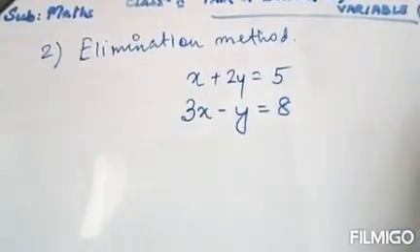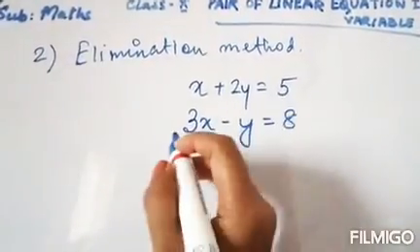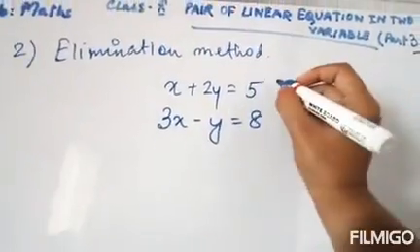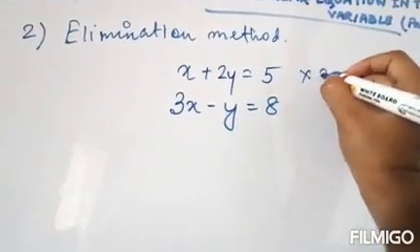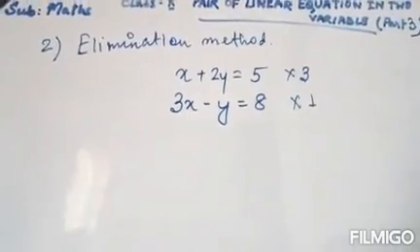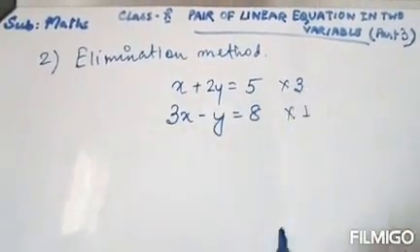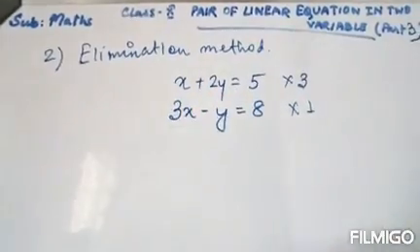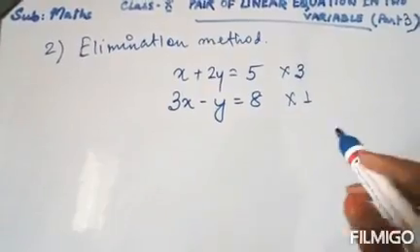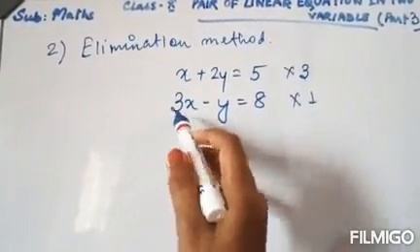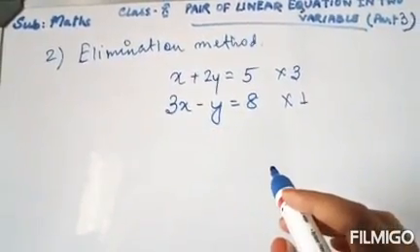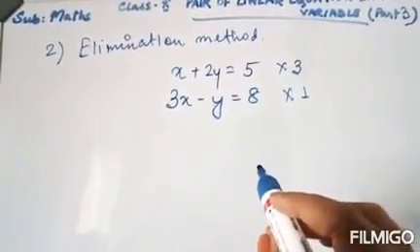Now I'm choosing x, so I'll multiply the first equation by 3 and the second by 1. If I multiply the first equation by 3, 3x will come, and the second is already 3x, so it will remain 3x. Both the coefficients will become equal.